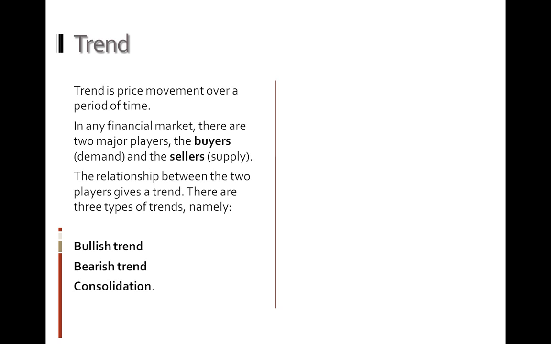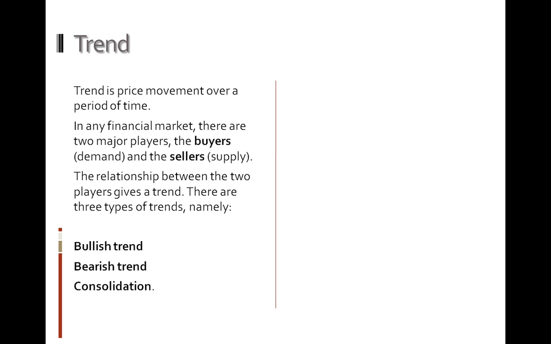In any financial market, there are two major players: the buyers, which stands for demand, and the sellers, which stands for supply. These theories have been in place right from the time of Adam Smith. Buyers and sellers are the rulers of the market.